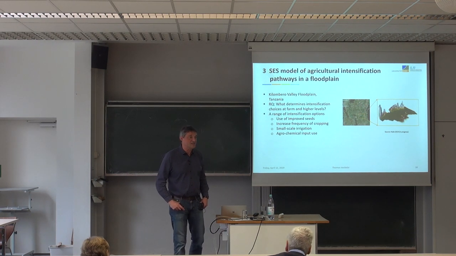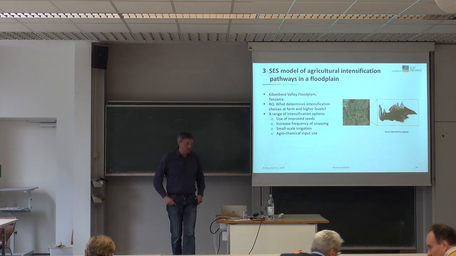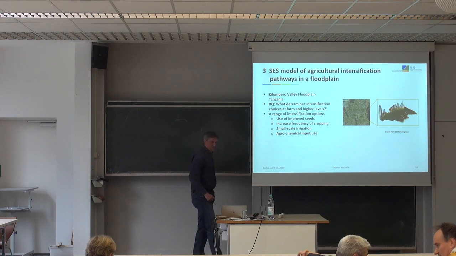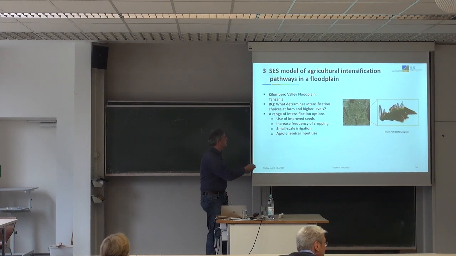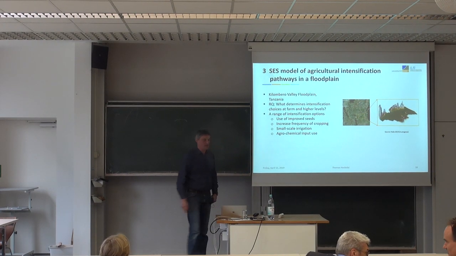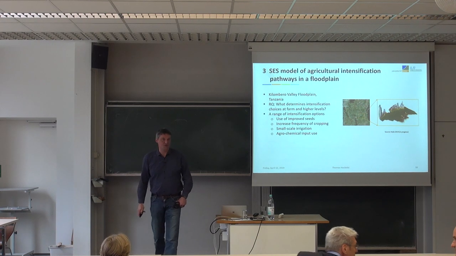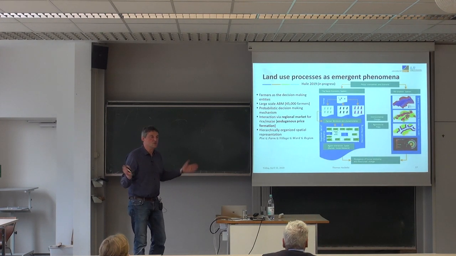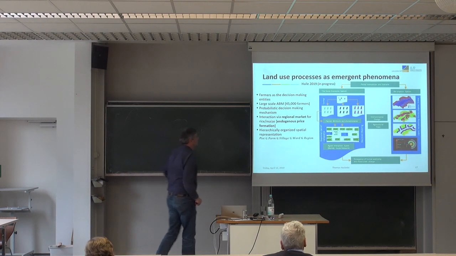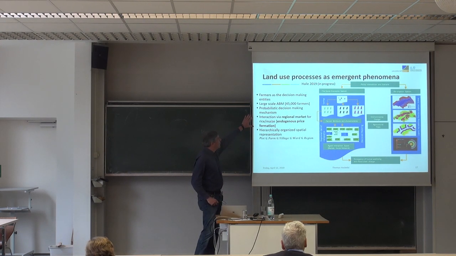At some point we will deal here with what determines the technology choices at farm and higher level. A range of intensification options are given, and then a model is constructed. It's a dynamic model that shows the diffusion, the adoption of such things.